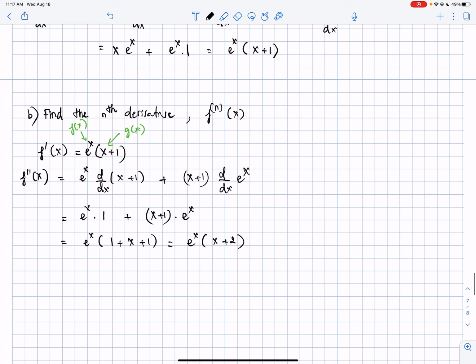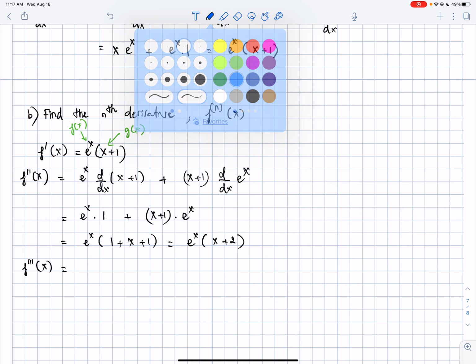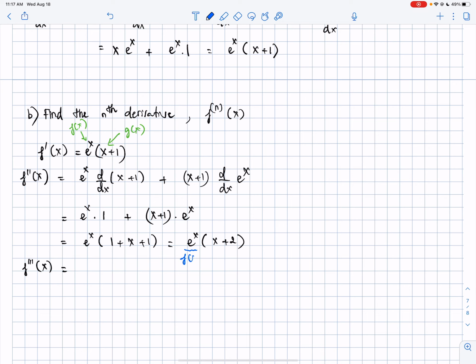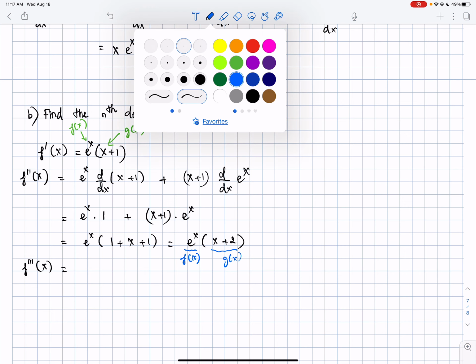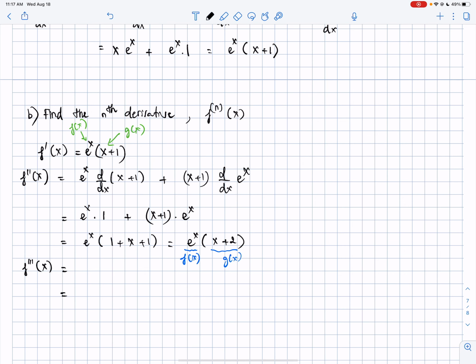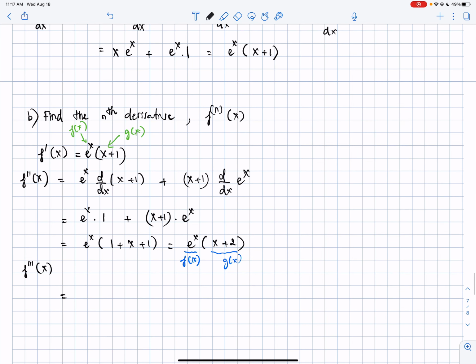So let's do two more, the third and the fourth derivative. Then we will see the logic, okay? So this will become the function f of x, and this is the function g of x. So we will have e to the x times the first derivative of x plus 2, plus x plus 2 times the first derivative of e to the x.